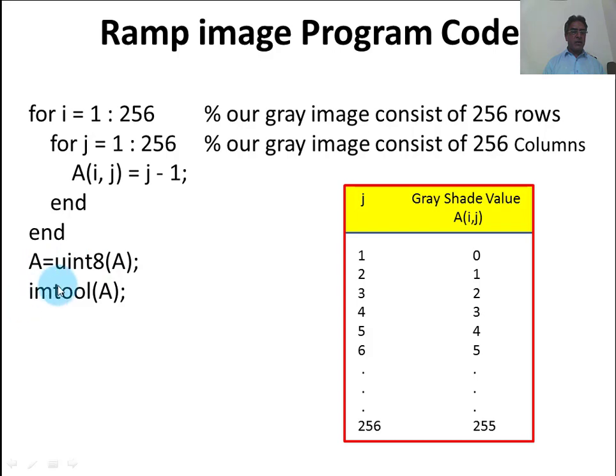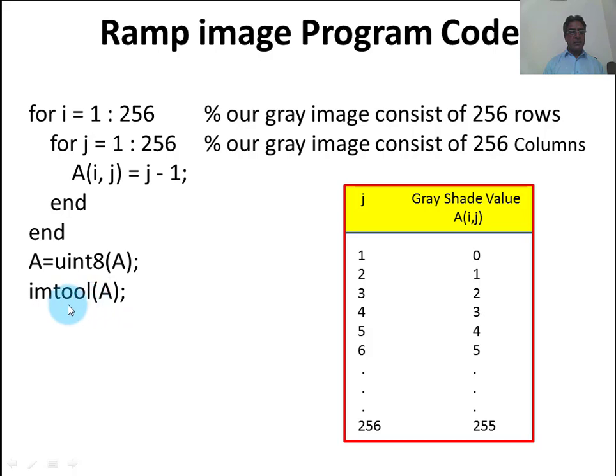So a pixel is just like a byte. Unsigned integer 8 of A, the A image is converted into unsigned integer 8 and again stored in the location of A, and then we will display the image using the imtool of A.